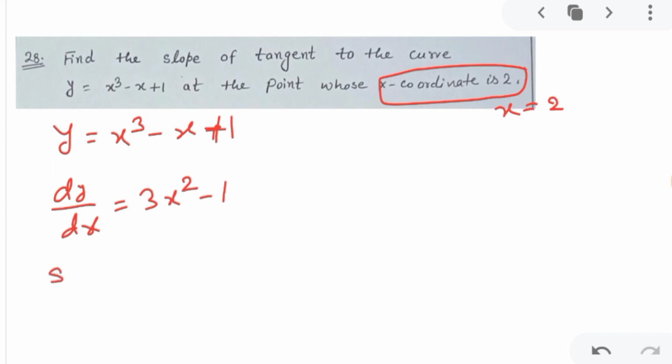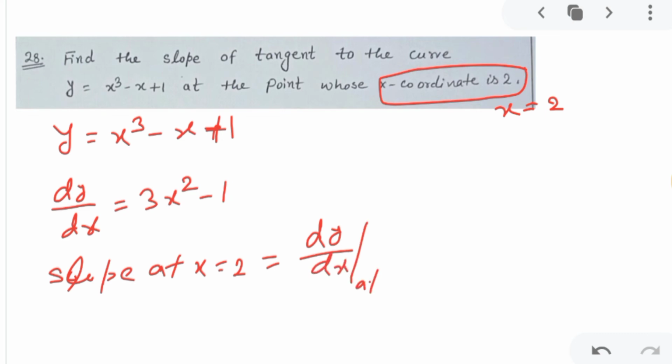So the slope at x equal to 2 means dy upon dx at x equal to 2.